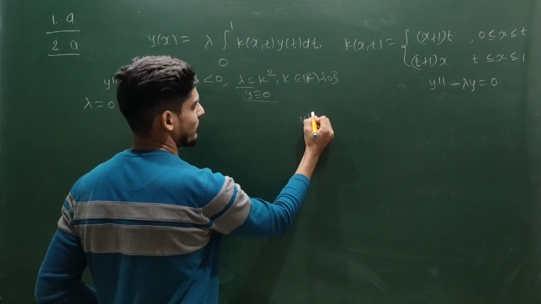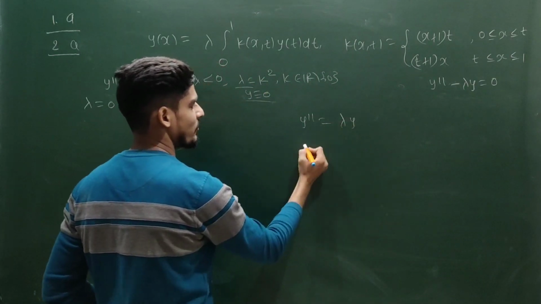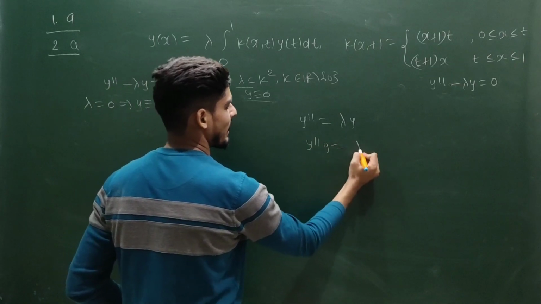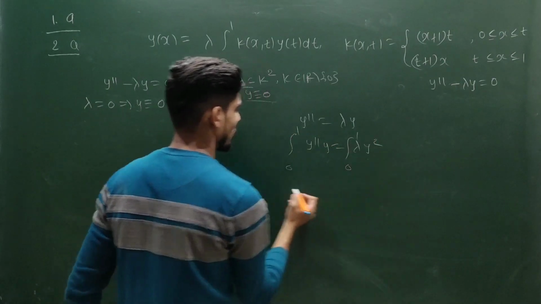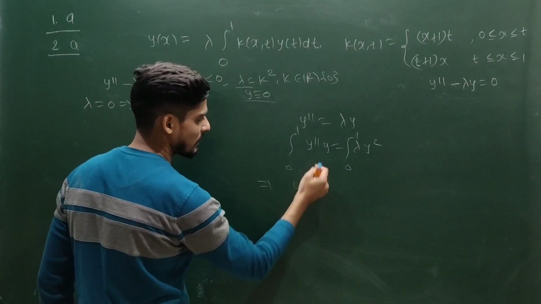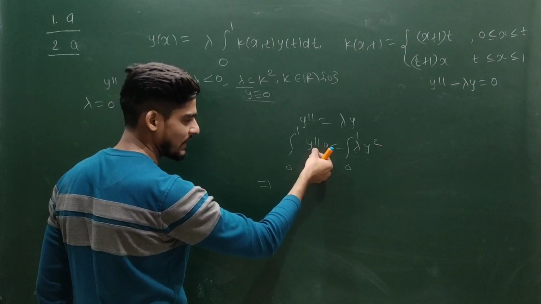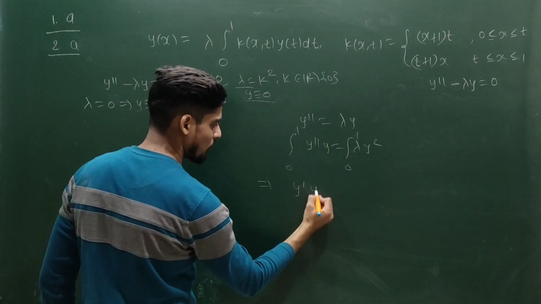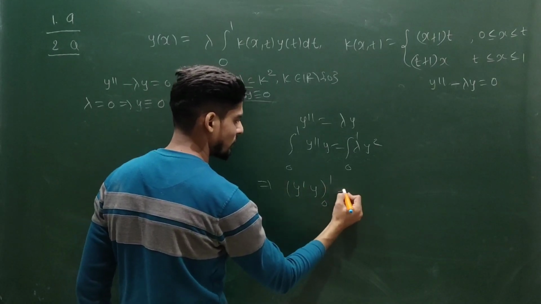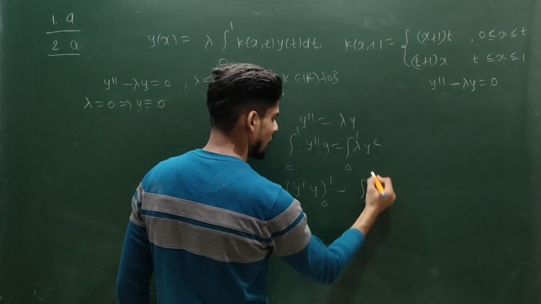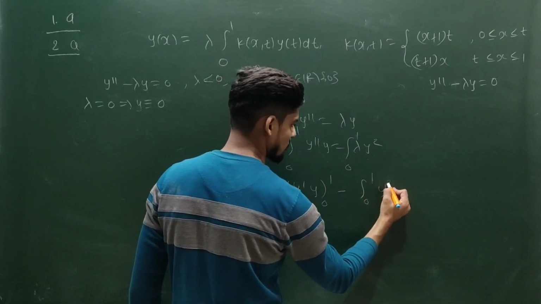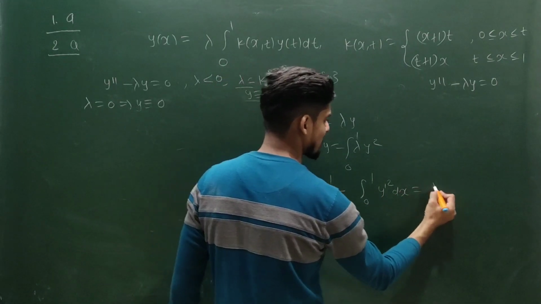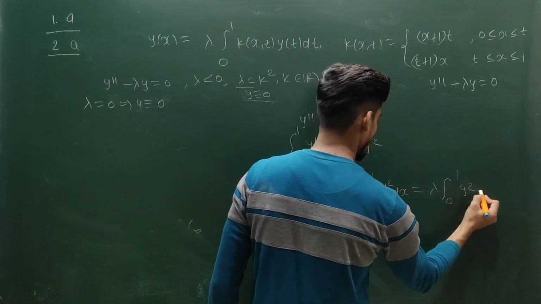I am having y double dash is equal to lambda times y. If I multiply with y and I integrate from 0 to 1, I will get y dash y from 0 to 1 minus integral 0 to 1 y dash square dx, which is the same as lambda times integral 0 to 1 y square.